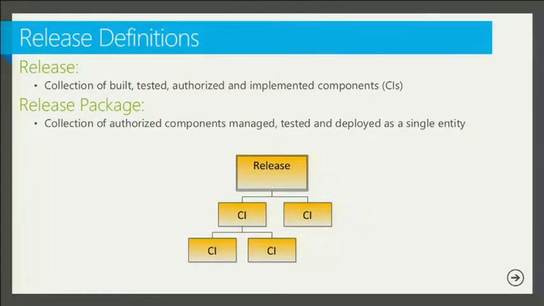A release is simply a collection of built, tested, authorized, and implemented CIs. The diagram shows it best. The release is the overriding aspect, and the CIs are the components that roll up underneath. The release package itself is typically a component.